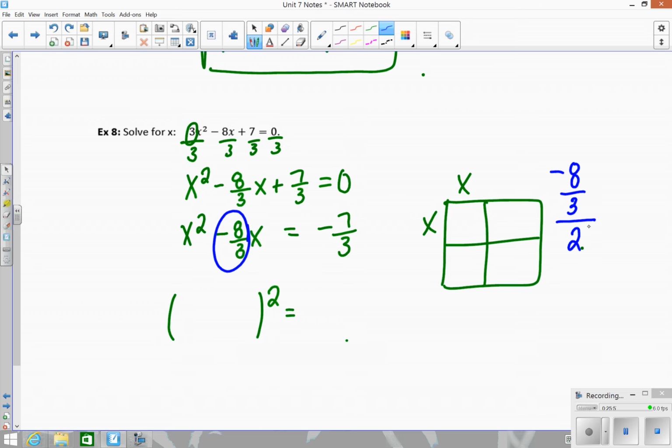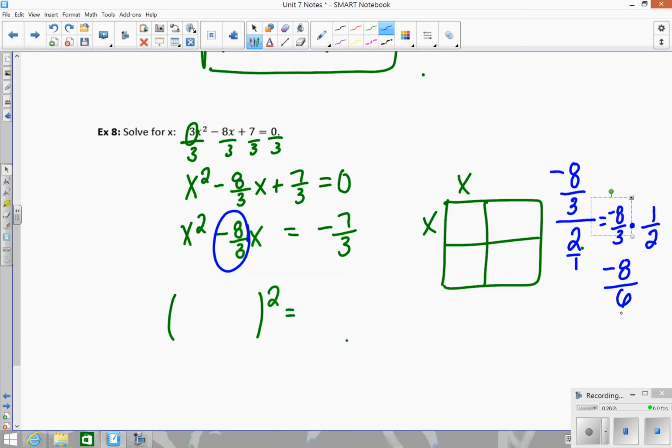When you divide a fraction by a whole number, this is really like dividing by 2 over 1. You keep the first one, so negative 8 over 3, change the sign to multiplication, flip the other one. So it's keep, change, flip. Keep, change to multiplication, flip the bottom, and then multiply across. So negative 8 over 6, which we can reduce.